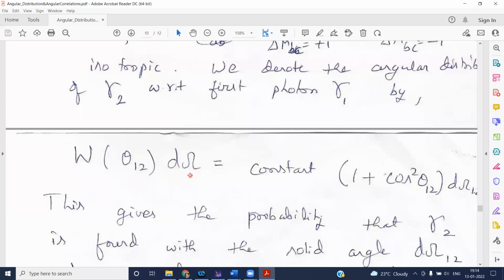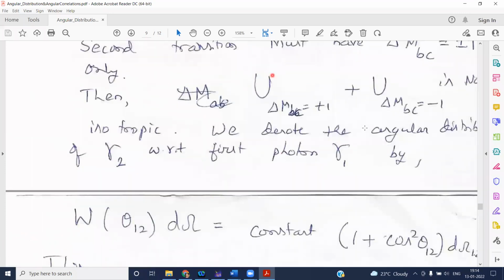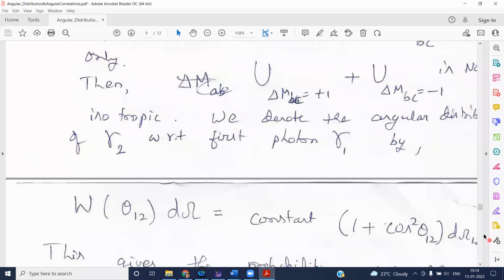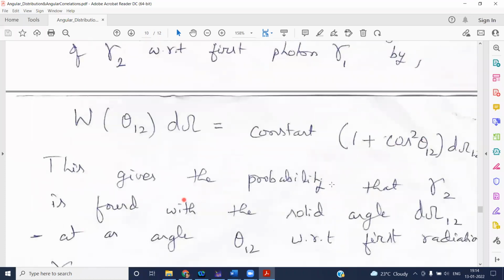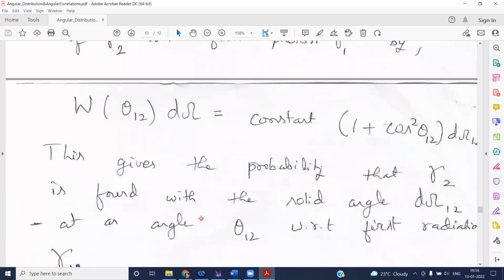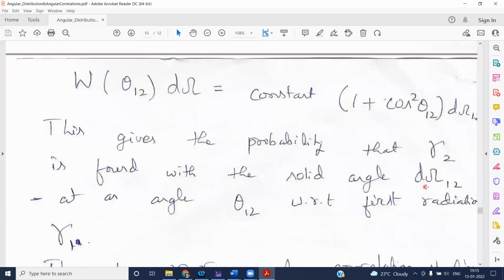W theta 1 2 d omega is nothing but delta M is 1 plus cos squared theta 1 2, into half. So it is going to be a constant multiplied by an angle theta 1 2 which appears in the final result. So now this gives the probability that gamma 2 is found within the solid angle d omega.